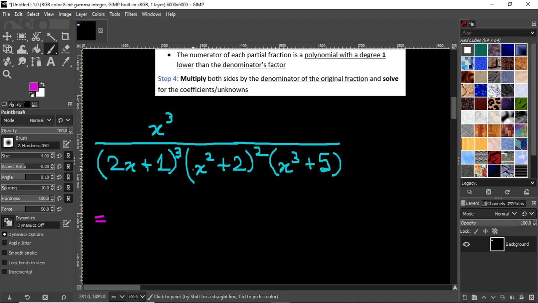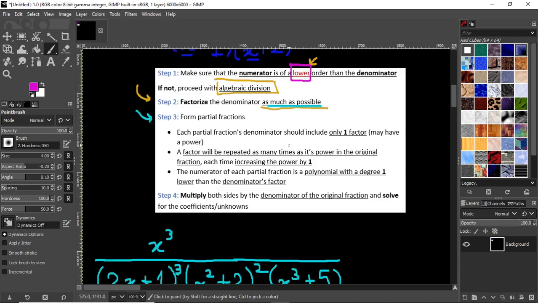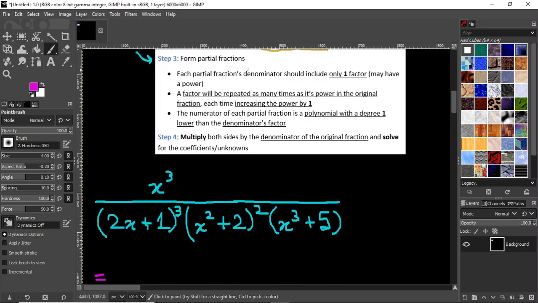Anyways, so if you break this down into partial fractions, what you will get is something like, okay, let's read through this. Each partial fraction's denominator should include only one factor, which may have a power, and also a factor is going to be repeated as many times as its power in the original fraction. Okay, and if you increase the power by 1 until you reach, suppose, say this is 3, and you'd have 3 fractions for this.